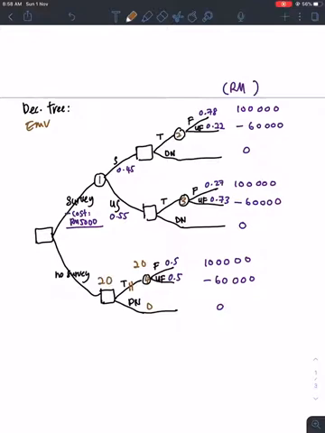So kita choose 20. Then for node 2, EMV 64.8 compare with 0. Automatic we choose 64.8. And for node 3, negative 16.8 compare with 0. We choose 0 because 0 is higher than negative value. Then EMV at node 1, 29.16.